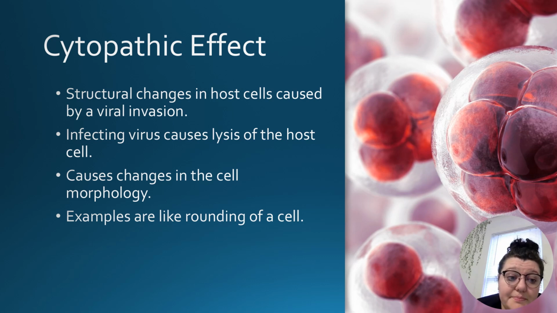Once it's gone, it's gone. And it can also cause changes in the cell's morphology, the shape. An example would be rounding of a cell. It can cause the shape of the cell to completely change.